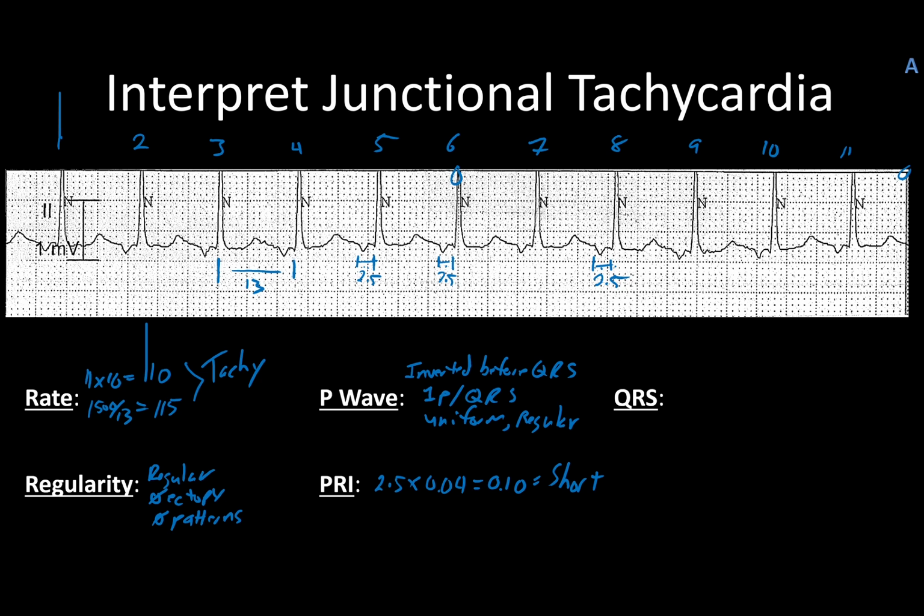Is that you have a PRI less than 0.12. Finally, the QRSs are uniform. They're definitely identical, and I will say that they have the tiniest of QR patterns.